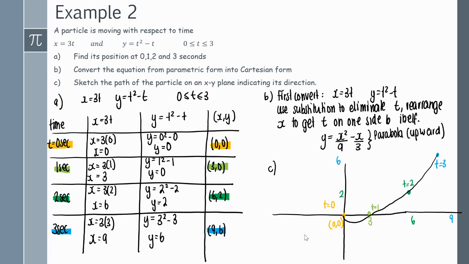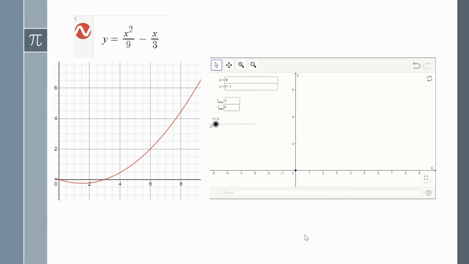The parabola opens upwards, and in further detail we can have a look and confirm that we drew it right. Of course, you can use your Cartesian equation just to double check that your drawing is correct. Over time, let's see. 1 second, 2 seconds, and then 3 seconds. That looks like exactly what we got.